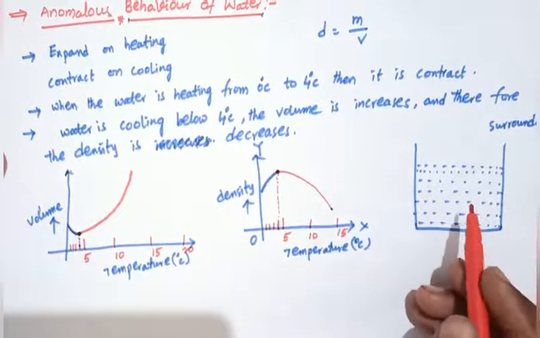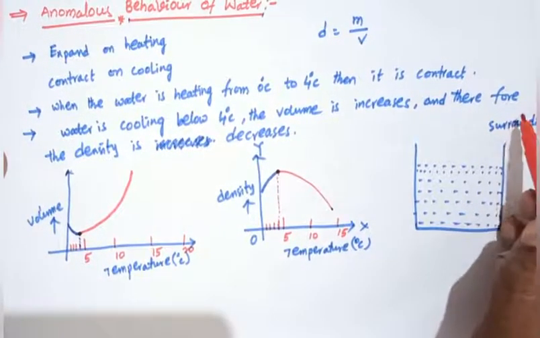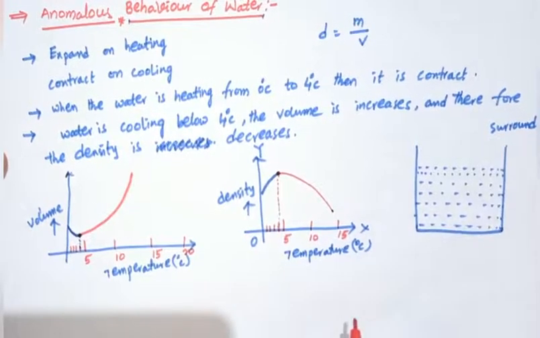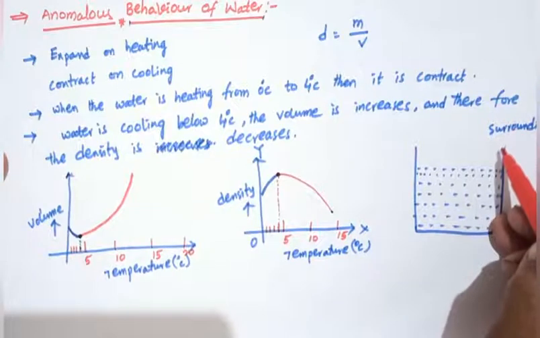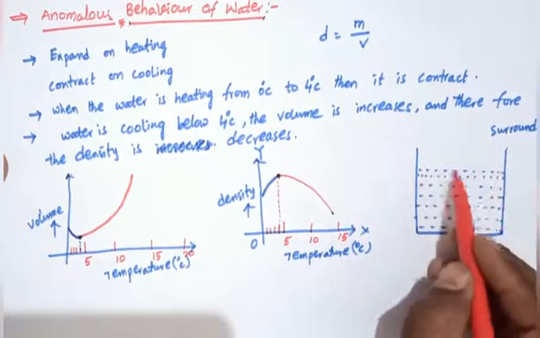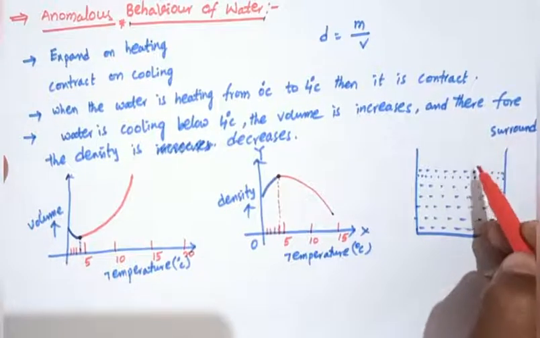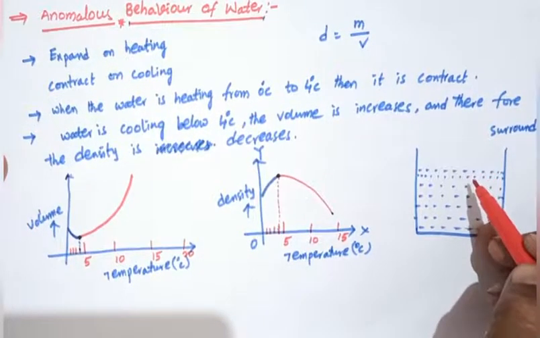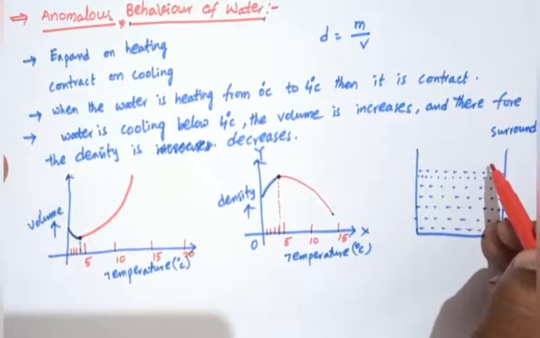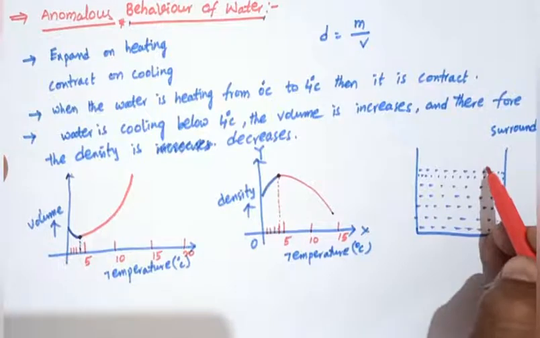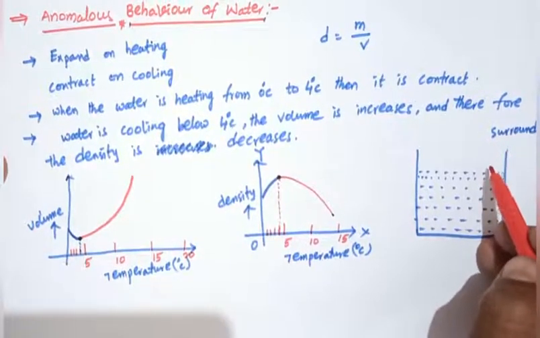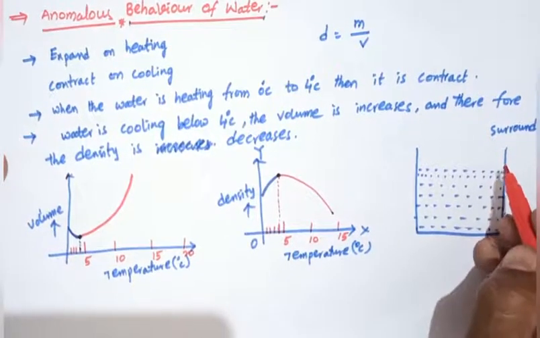In winter season, what happens? The temperature decreases. When the temperature decreases, the temperature of the top layer also decreases, from 27 degrees Celsius toward 4 degrees Celsius.